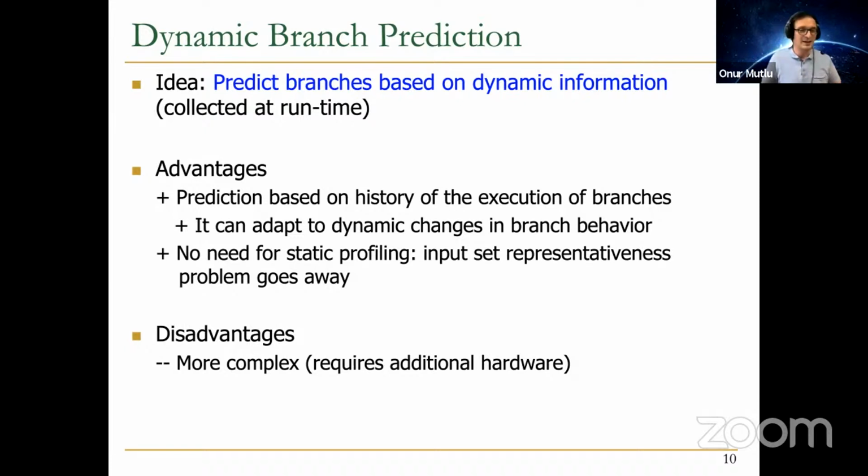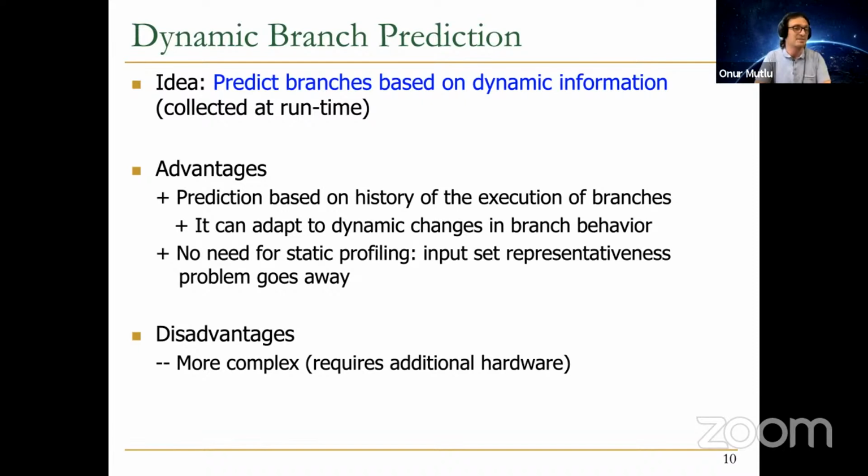Of course, you don't want it to affect your critical path, so you divide the branch prediction latency into multiple cycles. But once you start doing that, your fetch stage becomes multiple cycles also, so your pipeline becomes deeper. And a deeper pipeline increases the branch misprediction penalty and also data dependence handling penalties, etc. So basically, you will need to deal with the latency implications of branch prediction as you make it more complex.